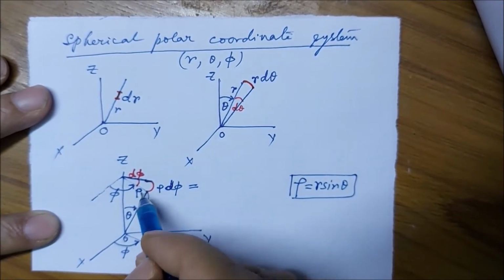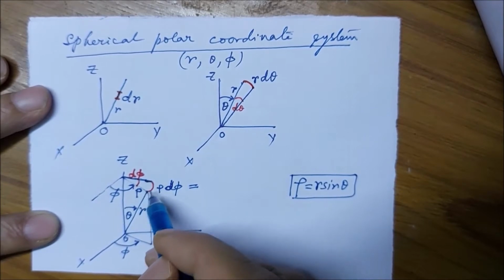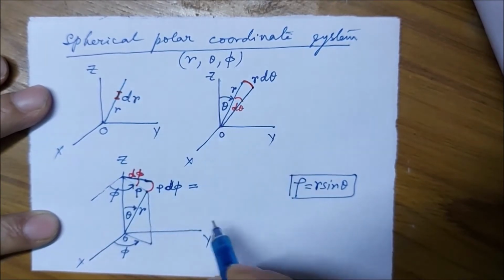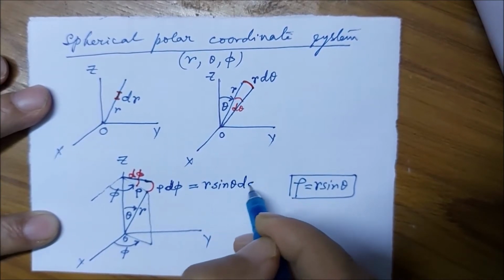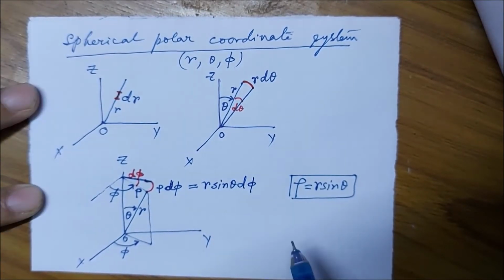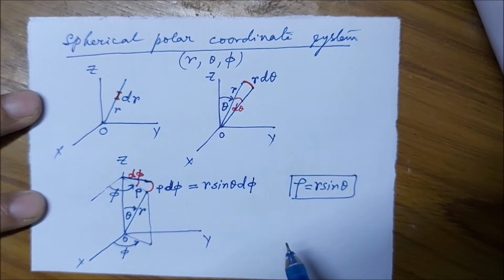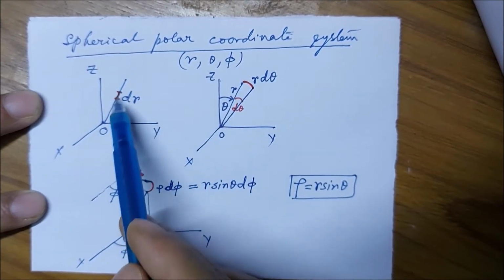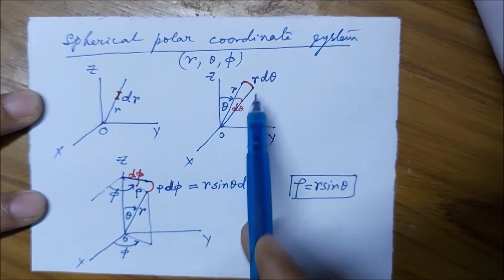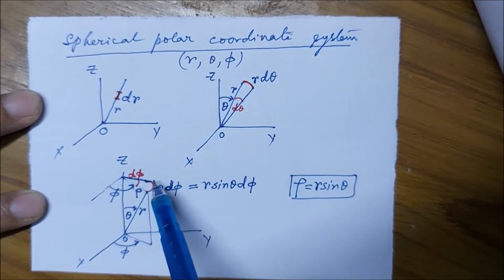So this arc element in spherical polar coordinate system is r sine theta d phi. So we have shown the length elements associated with r, theta and phi: dr, r d theta and r sine theta d phi.